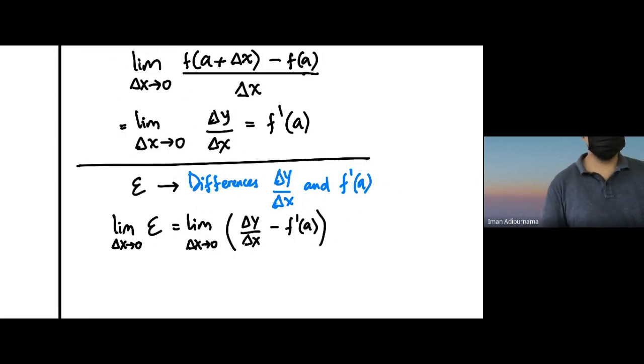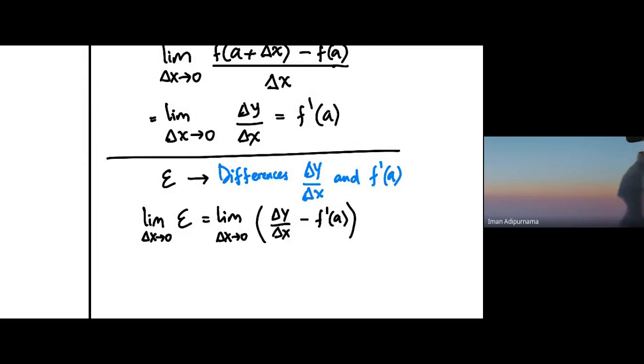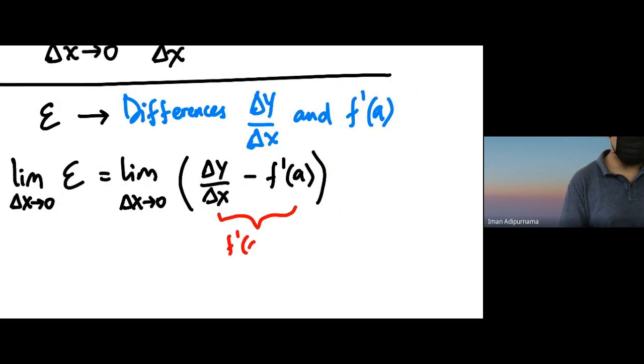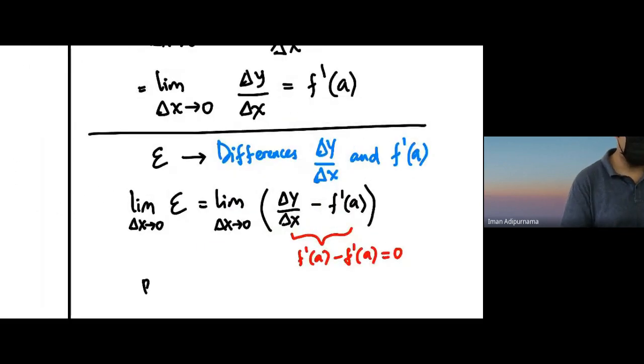Okay. In a sense, if you think the difference is f prime of a minus f prime of a, it should be 0, right? So that's why we are going to have the limit. So let me write it to make you feel this is okay. This should be this. But we have this epsilon.